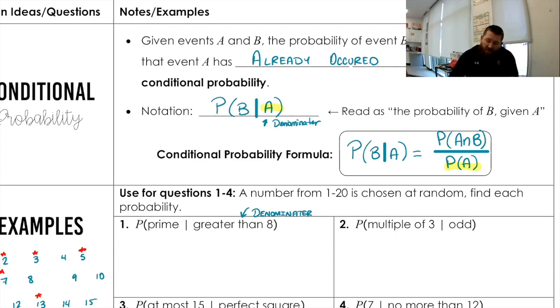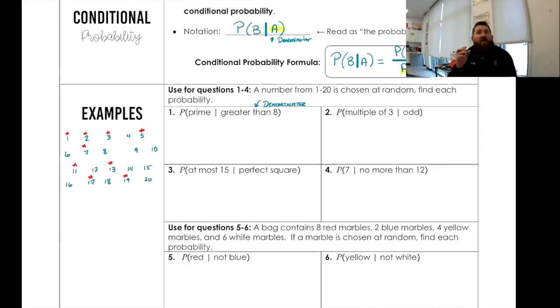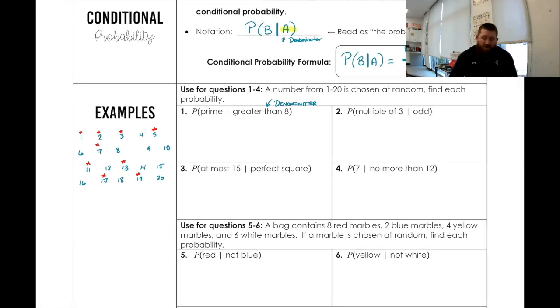So we need the probability that a number is greater than 8. We've got 12 numbers that are greater than 8, so the probability of that occurring is 12 out of 20.